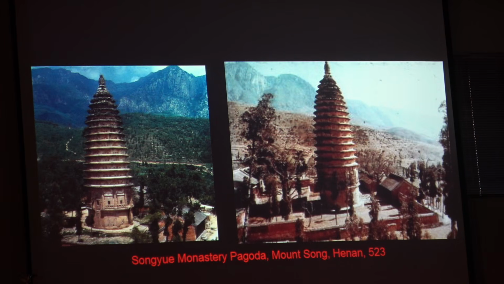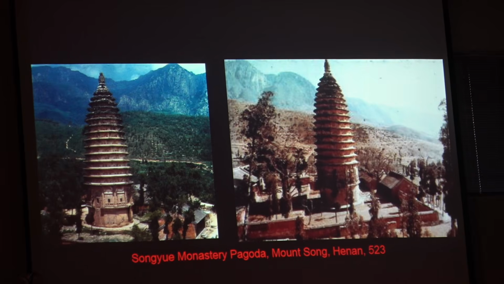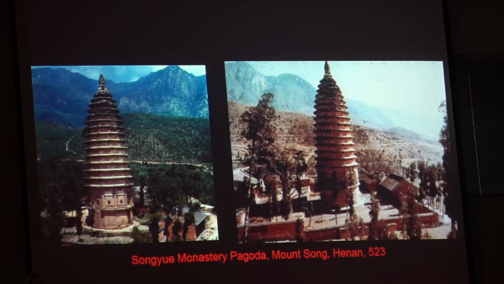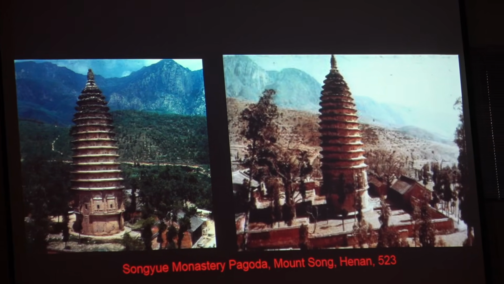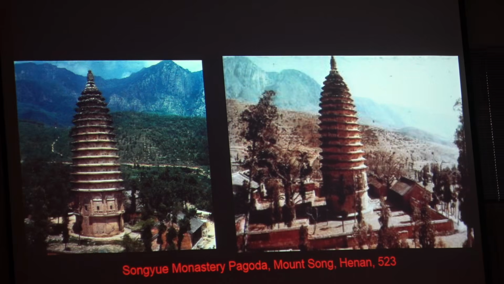This is about 75 kilometers from Luoyang. It is monumental, that is, it's large and tall, and it is 12-sided. It's the only 12-sided monument that stands anywhere in East Asia. I interpret it as Chinese attempting to make a circle, but within the Chinese building system of brick.